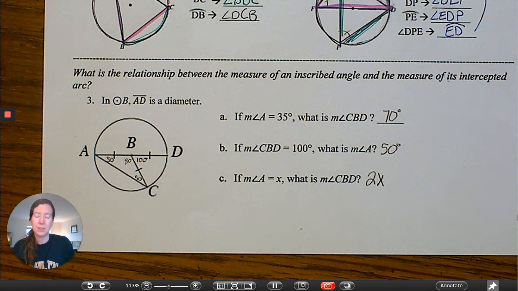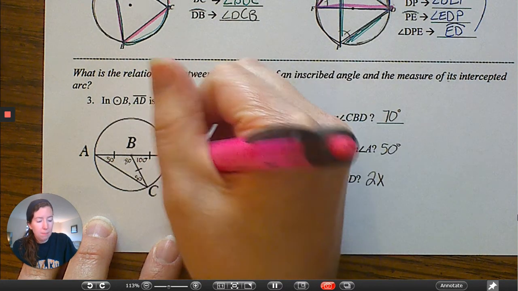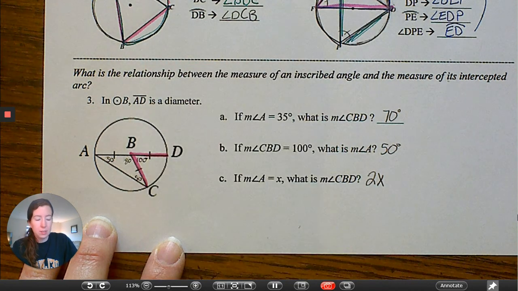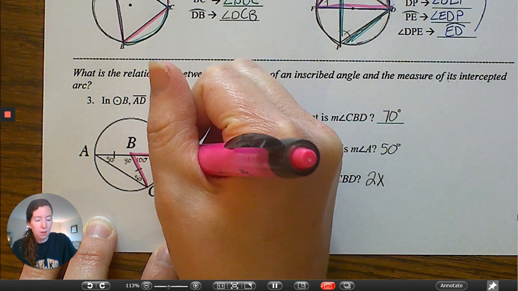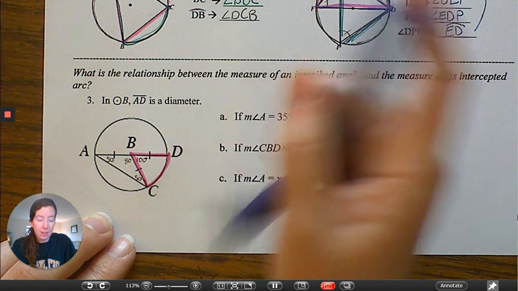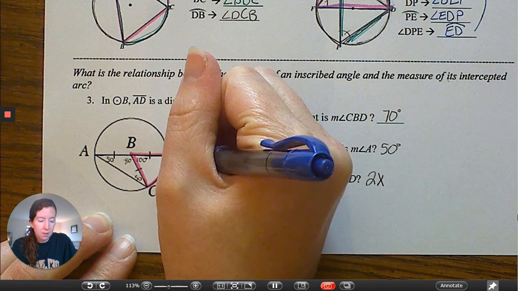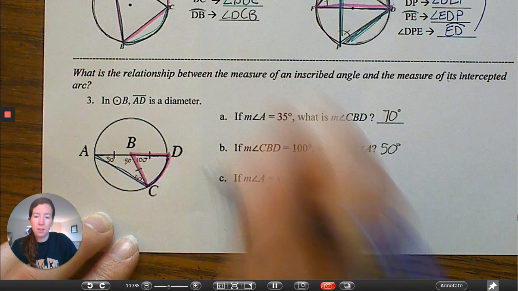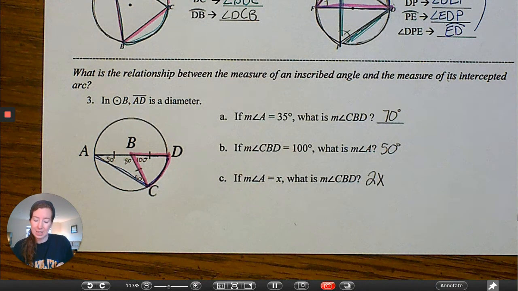Now, why is this important? This is important because we know that the central angle is equal to the measure of its arc. So angle CBD is right here, and it goes into arc CD. Well, angle A, if you trace it out, also goes into arc CD.